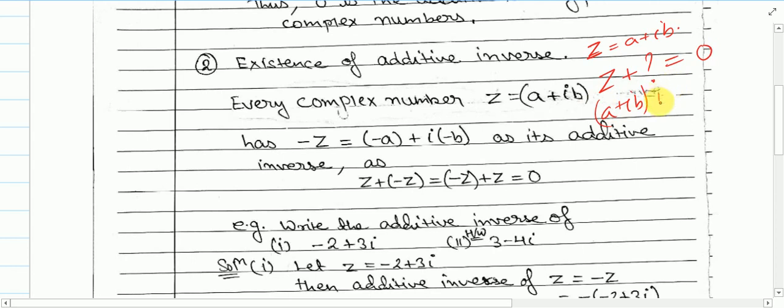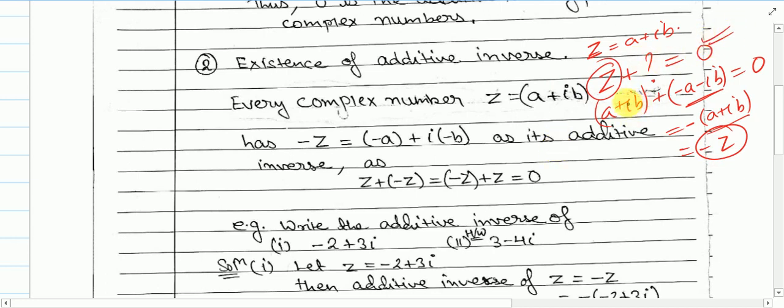If I add minus a minus ib, then I'll get 0. But this is nothing but minus z. So if minus z is added to this complex z, then we are getting 0. So this minus z will be called additive inverse of z.